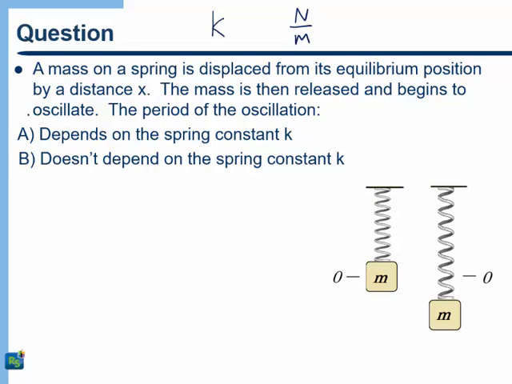Well, probably you're going to think that it does, and in fact it does. But again, what we want to know is, how does it affect it? So for example, if I have a stronger spring, does it make the period longer, or does it make the period less long? How does the period actually depend on the spring constant? That's another thing that we want to figure out.